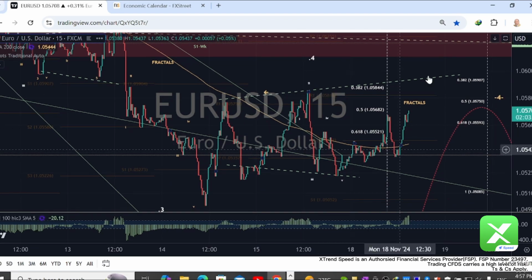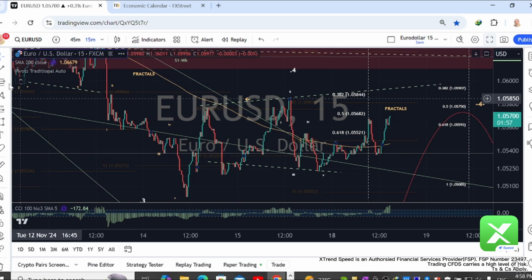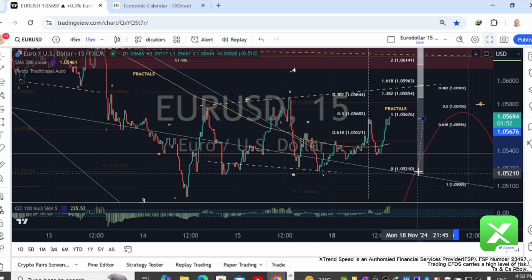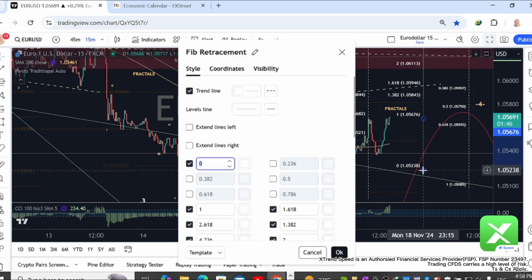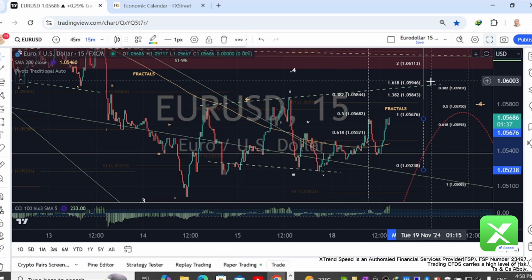You have an A, B, and the C. That's all. Best is 1.06. It is between resistance 2 and resistance 3 today.